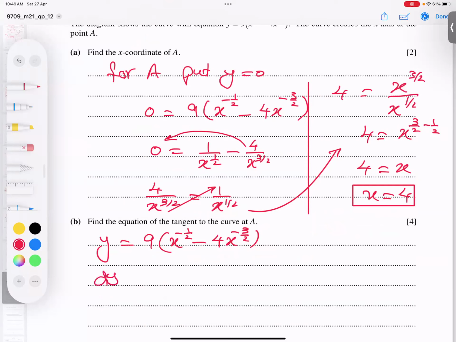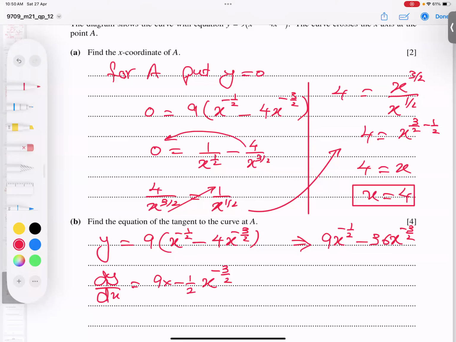So let's proceed. 9 is disturbing. I bring the 9 inside. Otherwise, you people get issues with this. 9 4s are 36. And the power will come down. So 9 times 2, negative half. And from the power 1 less. I believe this part is clear.